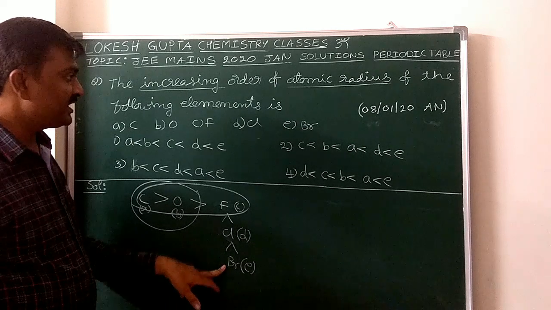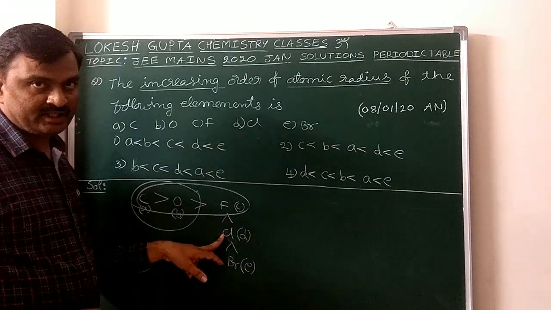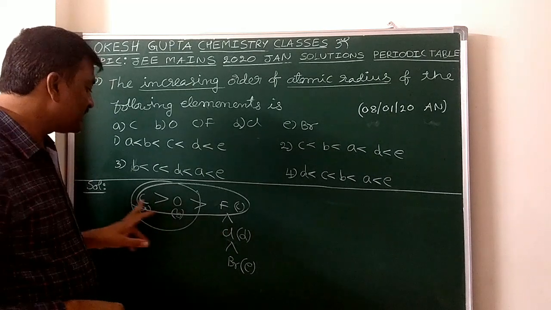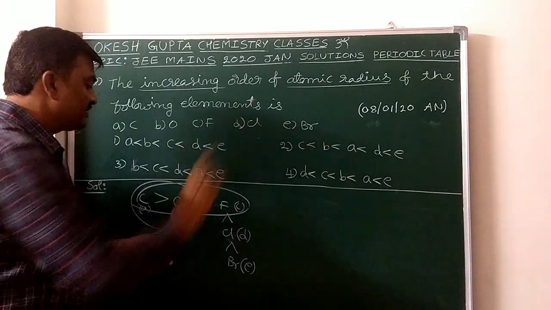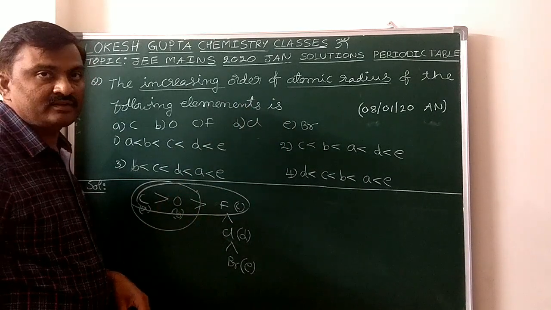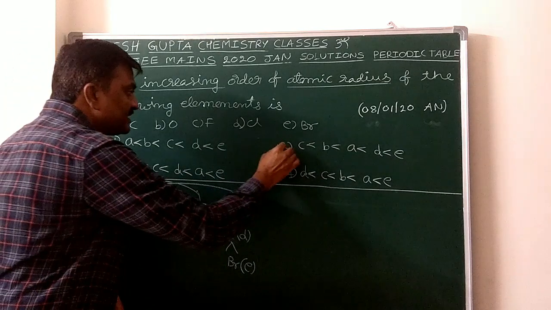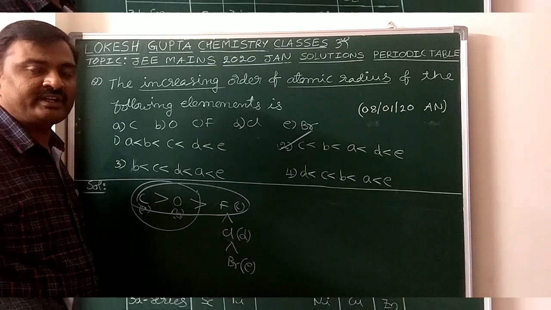Bromine, E, greater than chlorine, D, greater than, after that, carbon, A, greater than oxygen, B, greater than C, that is fluorine. So the correct answer is the second option. In this way we have to answer. Now come to the next question.